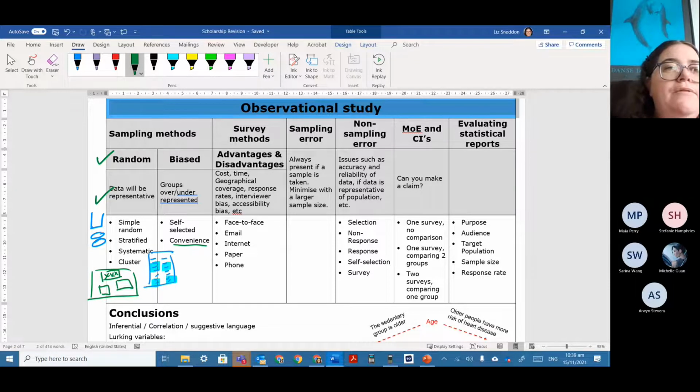What groups would then be underrepresented in that situation? People who aren't in the area. Good. So anyone that doesn't live in that area or work in that area won't be represented. What else? So apart from, think about who's in our population, apart from, say, younger mums and retired people, who else would live in any area?